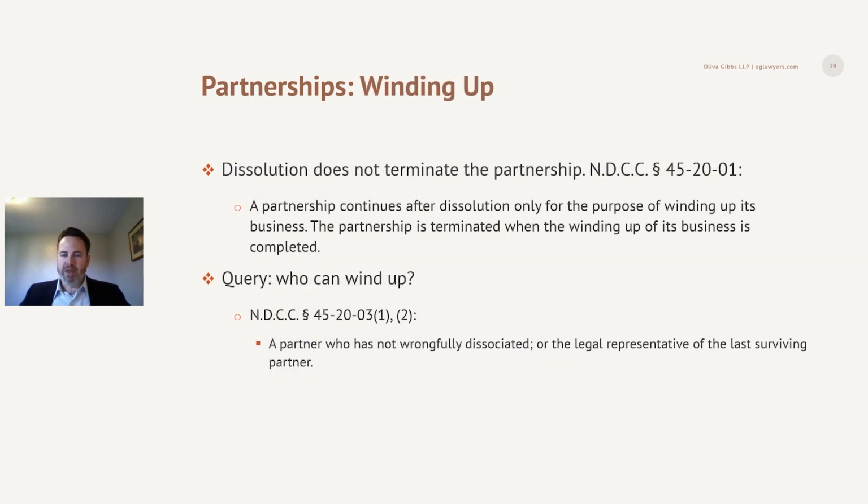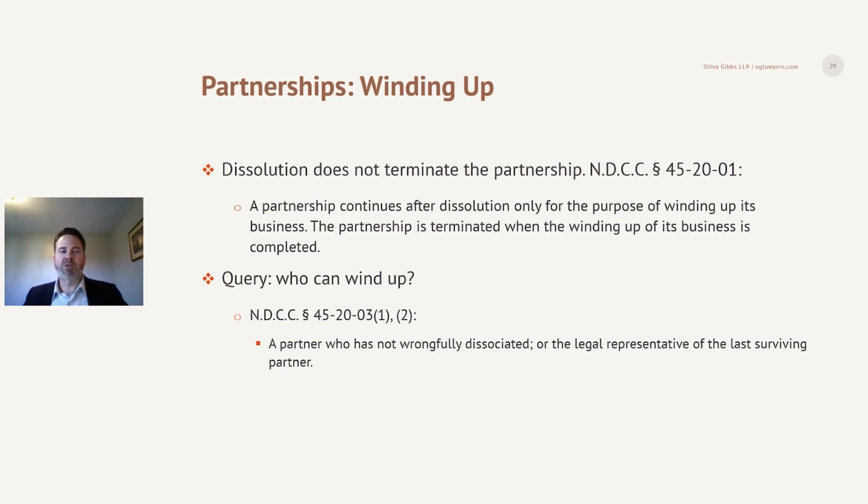So note though that even if dissolution has occurred, it's still not the final step. Instead, partnerships still must, quote, wind up the business. So winding up essentially is going to entail the procedure to distribute or liquidate any remaining property of the partnership, while also handling the payment of all debts, obligations, and or liabilities.